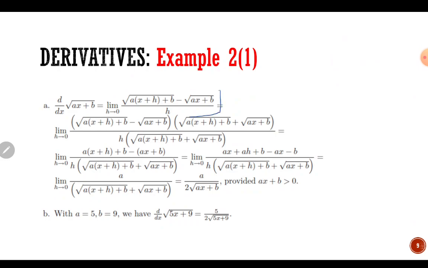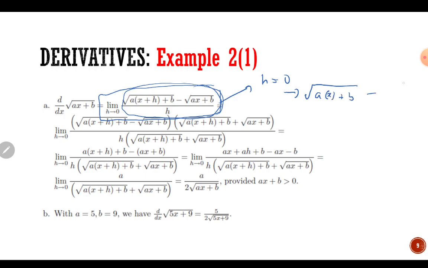So, dari sini kan. Okay, whenever you have limit with you, you try to direct substitute first. What we get if we direct substitute here? Apa maksud direct substitute dia? Maknanya ikut je. Dia kata h approaching 0, gantikan dengan h sama dengan kosong ke dalam function ni. So, if you gantikan with h equals to 0, you akan dapat square root of ax tambah b minus square root ax tambah b over h.